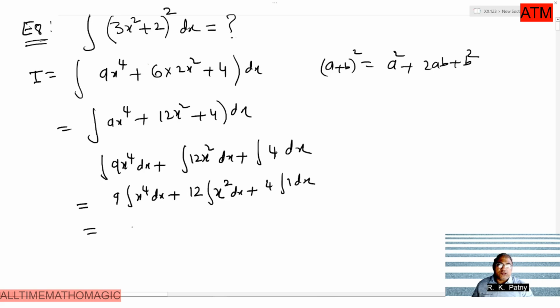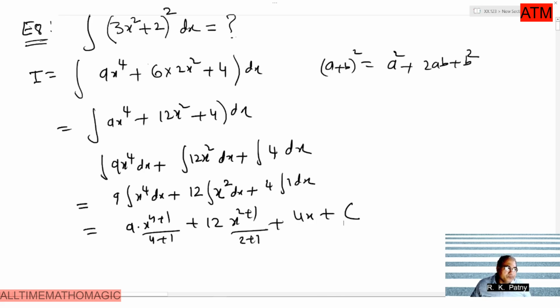So that is equals to 9 into x raised to 4 plus 1 upon 4 plus 1, plus 12 into x raised to 2 plus 1 upon 2 plus 1, plus 4x plus c.